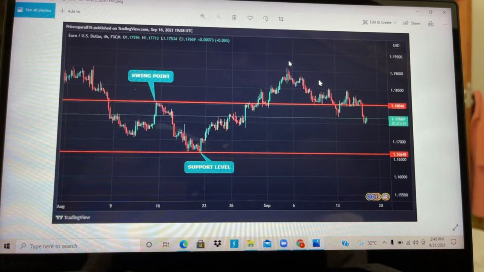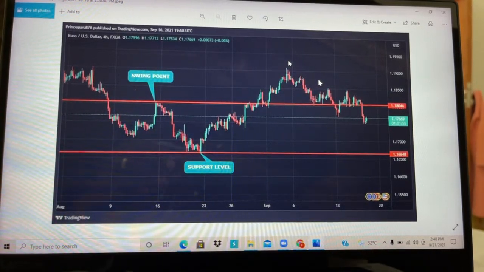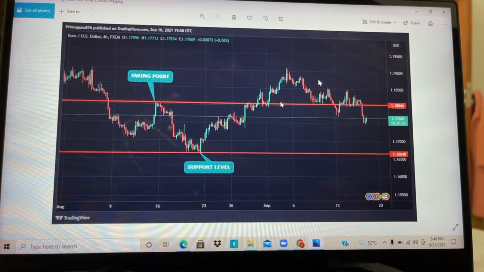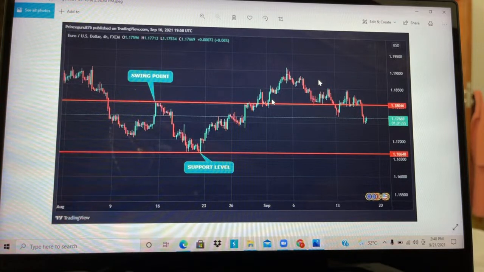But not to worry, the greatest thing that would have saved you is your stop loss. Every trade should have one, every single one. Once you have that in, you would not be in much danger.